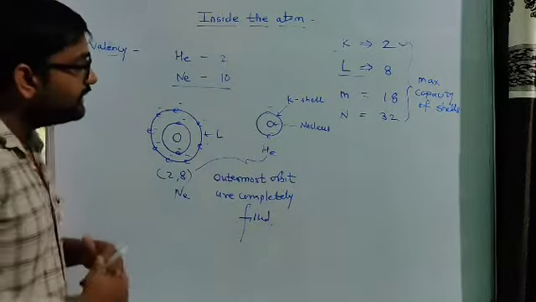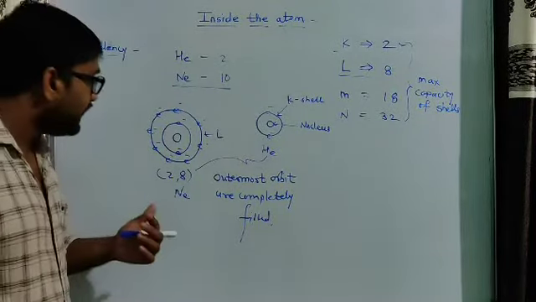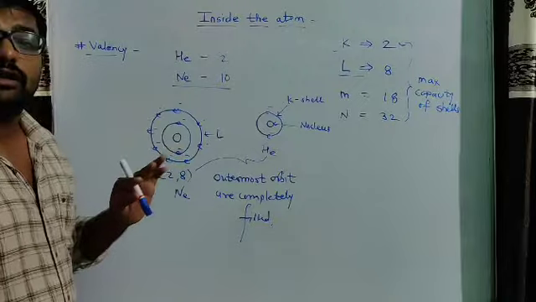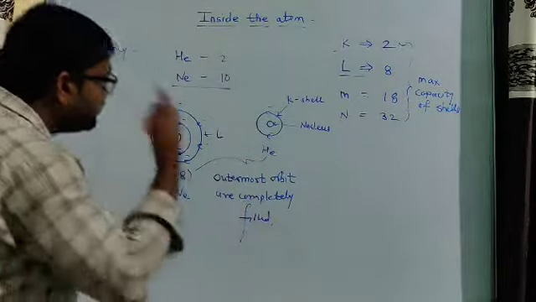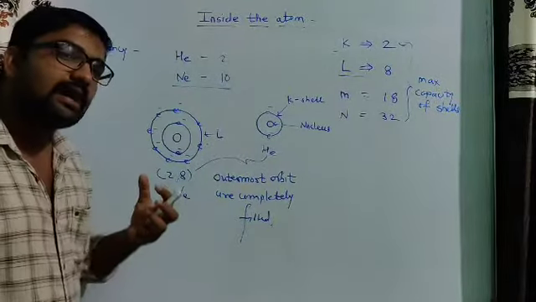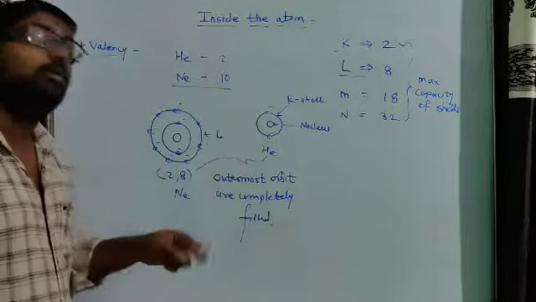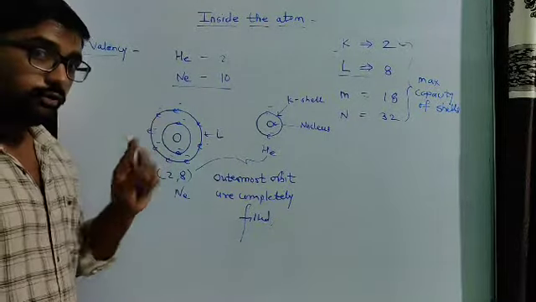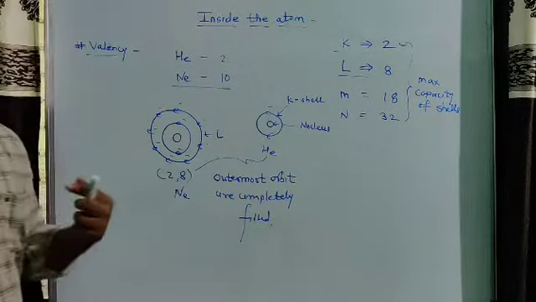But in the case of helium and neon, we find that they do not react with any other element. The reason behind this is that their outermost orbits are completely filled. Due to the complete filling of the outermost orbit, they do not react with any other element. So you have to remember this reason.